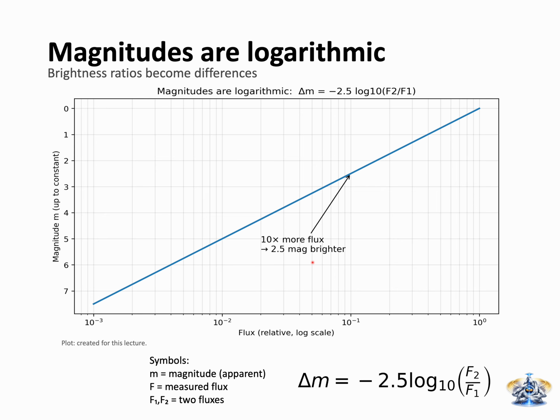Second, if one object gives you 100 times more flux, that's 10 squared. So the magnitude change is minus 5. So 5 magnitudes correspond to a factor of 100 in flux. That's a classic astronomy back pocket fact.